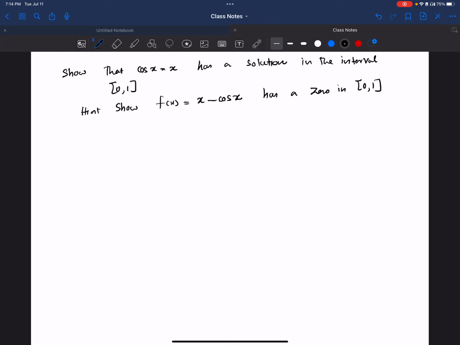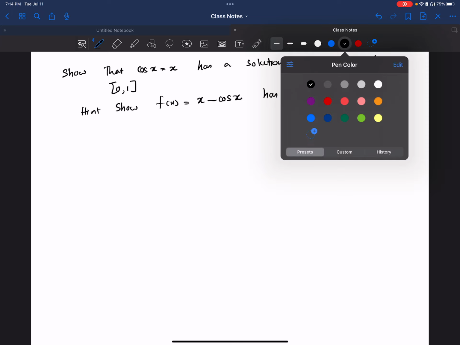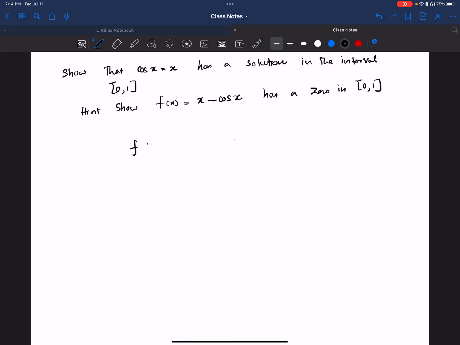So how do we show that? It's very simple because you need to show only that the sign changes. So we find f at one end of the interval, 0: 0 minus cosine 0. This is 0 minus 1, so it's going to be minus 1. What is f of 1?